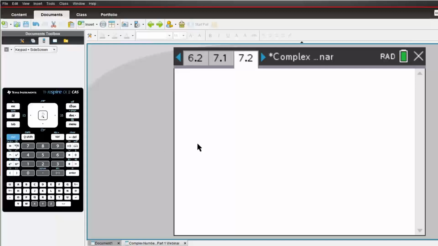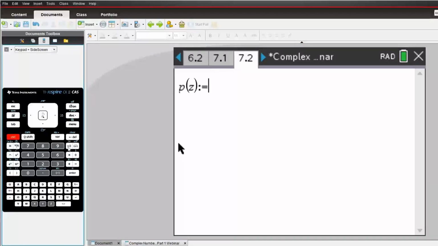I will again define my polynomial. The other way of doing that is p(z), and you can do the define sign.